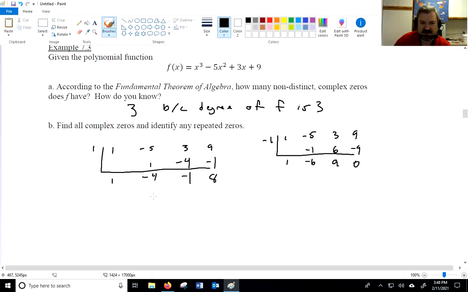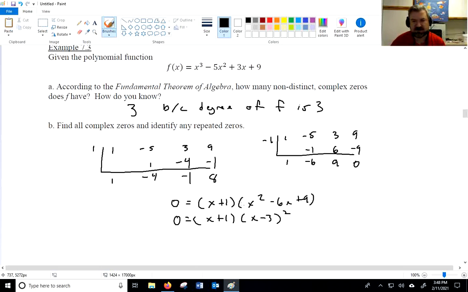So I can rewrite f of x, which I'll start by saying is equal to 0, because I'm solving equal to 0. X plus 1 times, and remember this was x cubed, so after I divide it by something of degree 1, I get x squared minus 6x plus 9. And then this I can factor further as x minus 3 squared.